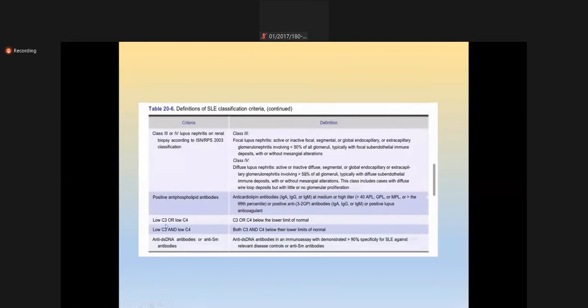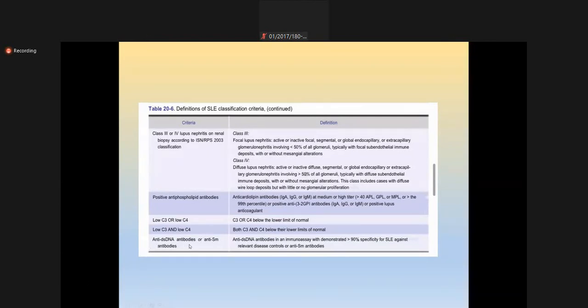The lower the level, the more active the disease is. If the levels are borderline low, that means the disease is not very active at the moment. And if the levels are severely low, that means the disease is very active, and there are very high chances that the patient might have involvement of any organ at any time.